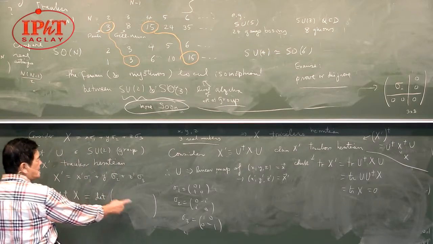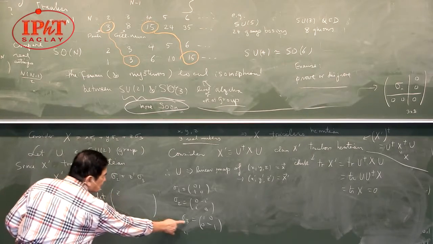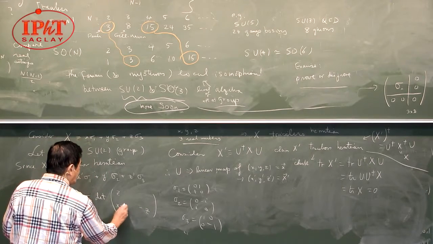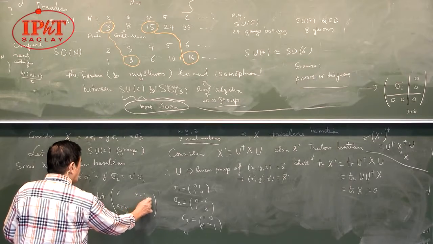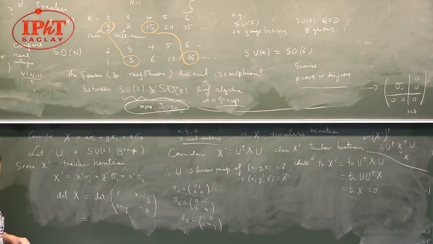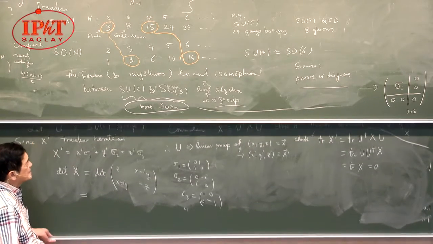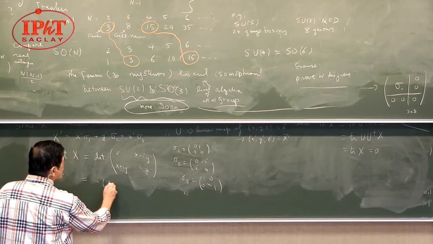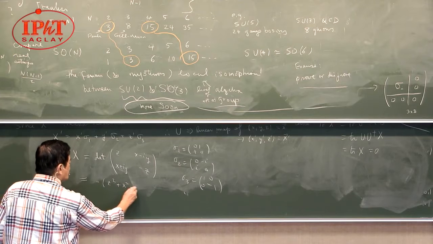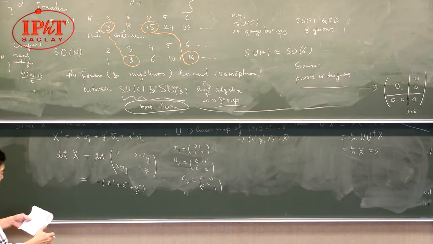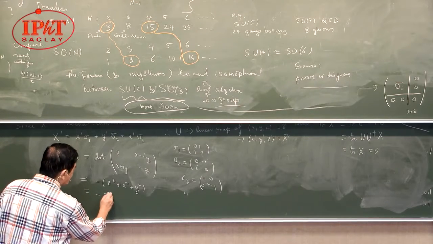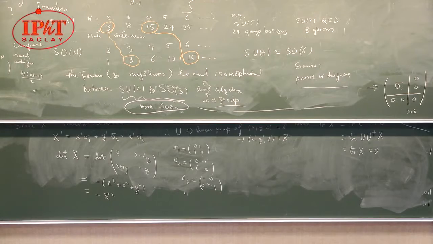So you see that this is z times sigma 3, so this is minus z, and this is x plus iy, and this is x minus iy. And we can all evaluate the determinant of a 2x2 matrix easily, and we see that the determinant is minus z squared plus x squared plus y squared. So it's not surprising, perhaps, that the determinant is minus the square of the vector x.